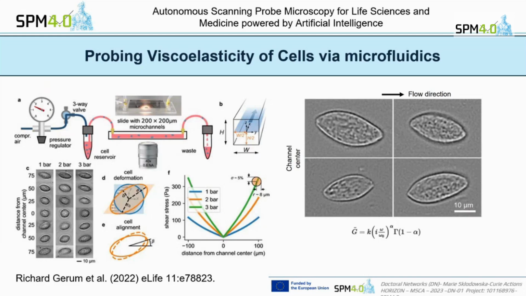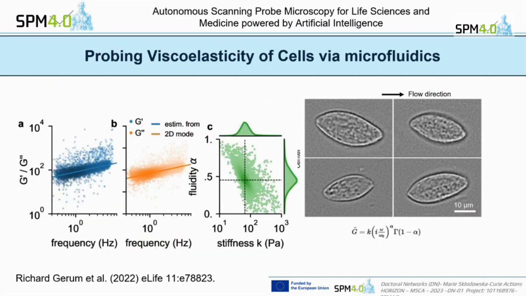And from the changes in the shape of the cell, and because when they go through the channel they also rotate, from that rotation we can also get information about viscoelastic properties. So this is the summary: storage modulus, loss modulus, and stiffness.